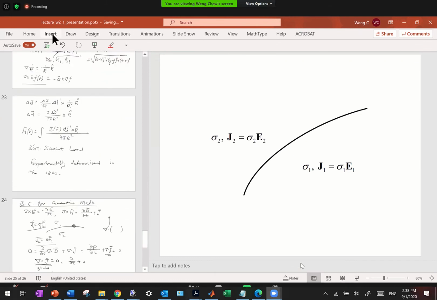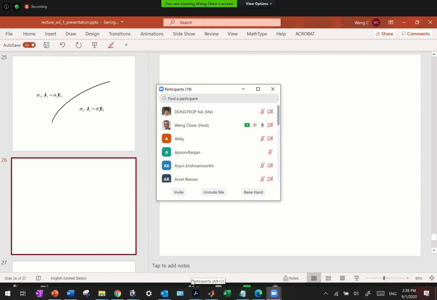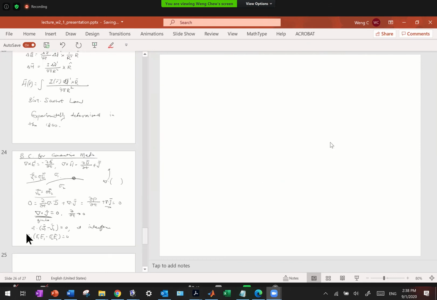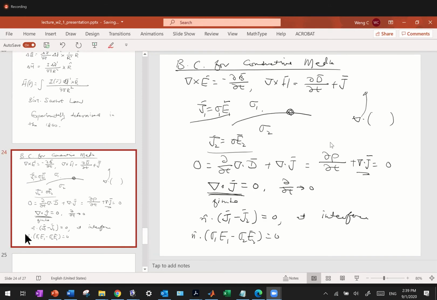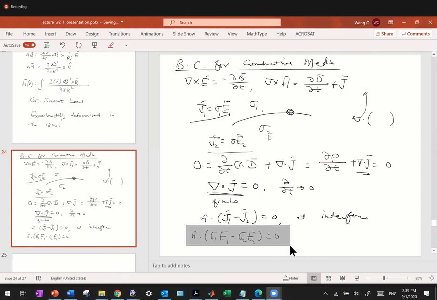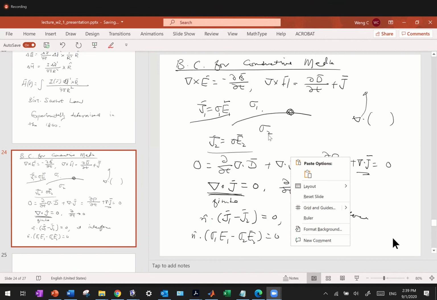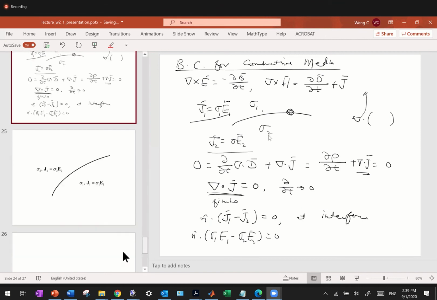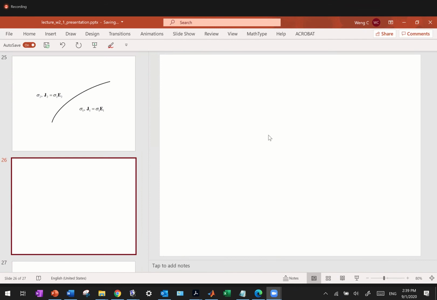We have a new boundary condition here. It kind of contradicts the other boundary condition, because previously we had derived that n dot epsilon 1 E1 minus epsilon 2 E2 must be equal to rho sub s, and that follows from the fact that n dot D1 minus D2 is equal to rho sub s.